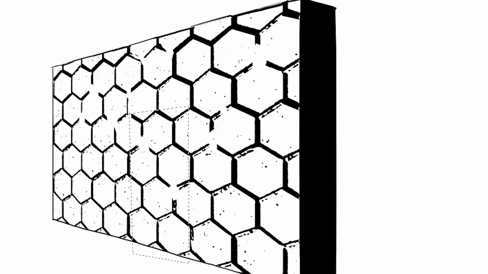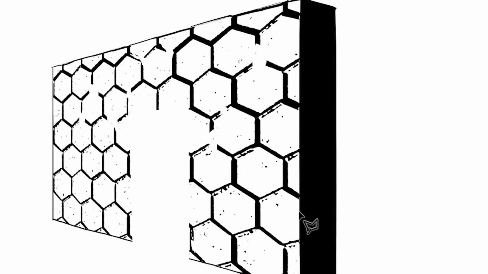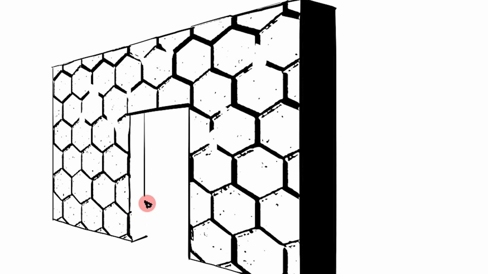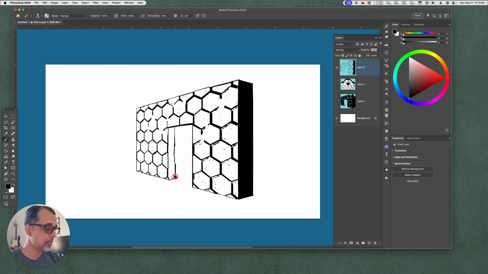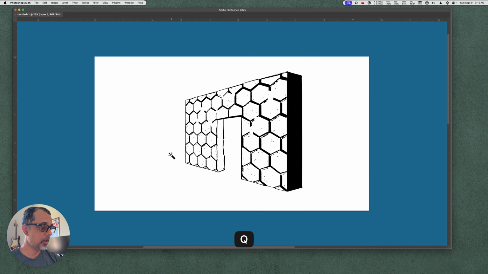So I'll make a selection here. I'll hit Command X. Use a slightly wobbly line. Break this down. And I can then fill this in with black if I want.